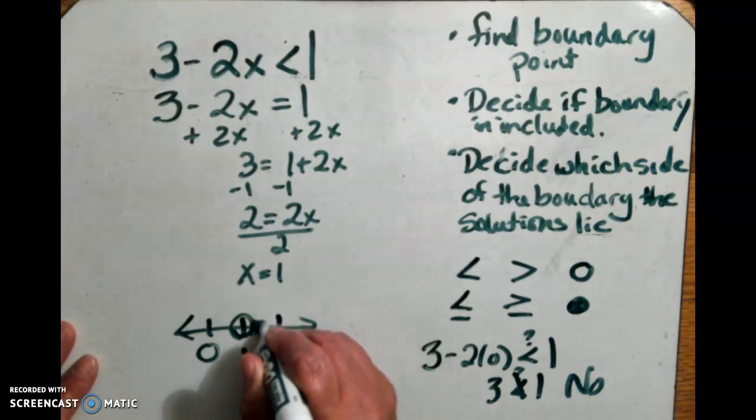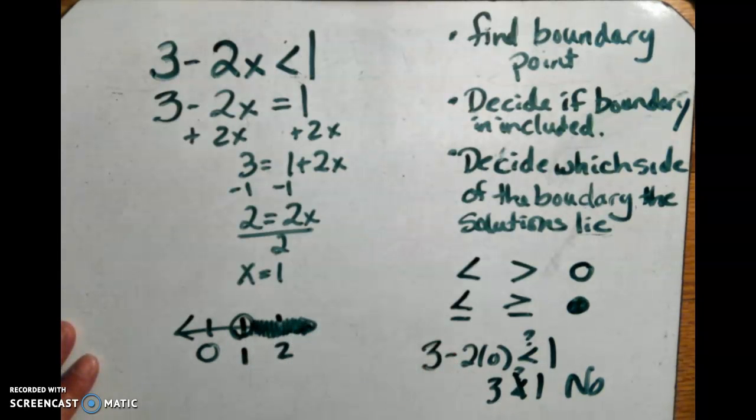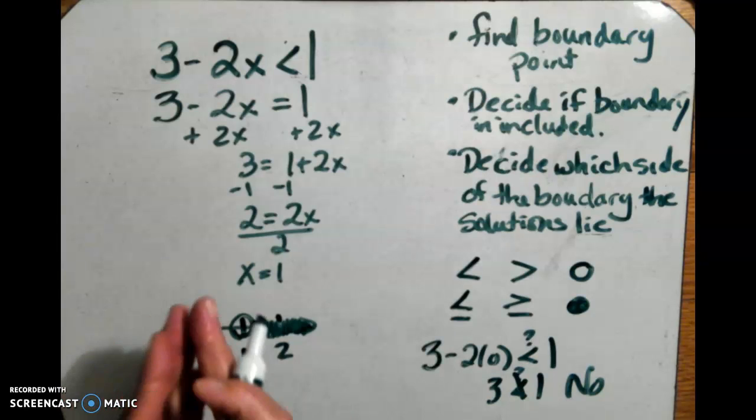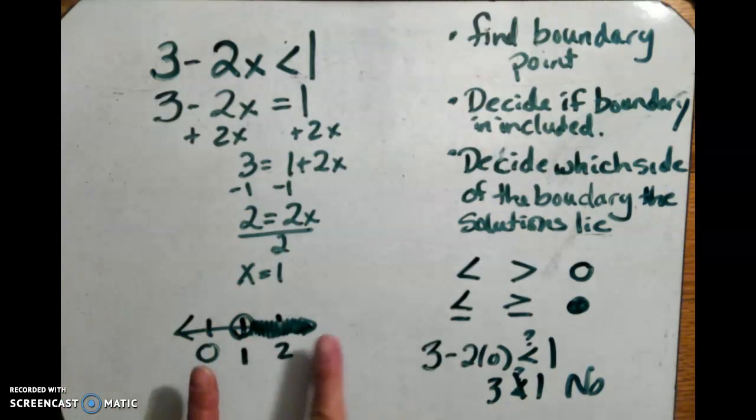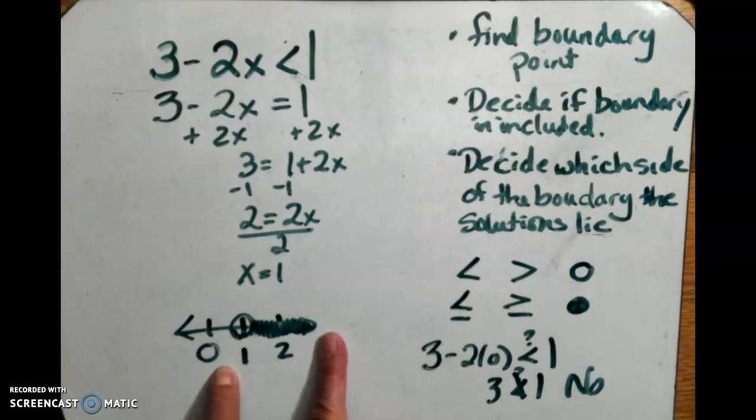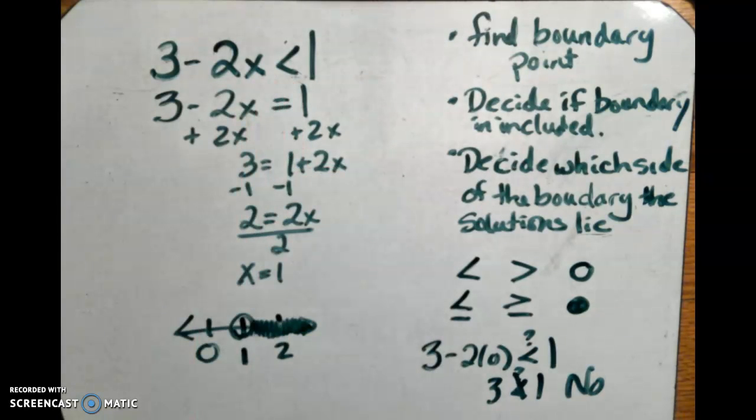Now, the way I show that is I would shade everything above 1. So this is a graphical representation of all the values of x that would make that true. Now that seems counterintuitive because I have this less than sign, so you kind of assume that it would be everything below. That's why we really want to do this, because we can't always go with instinct.